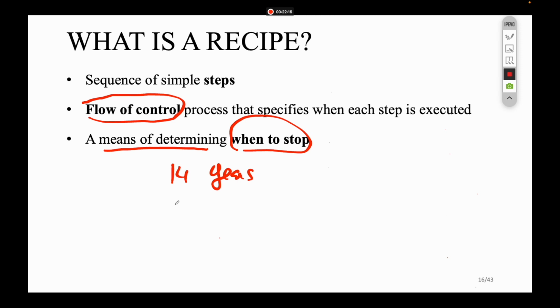For example, you can run your program for 100 years to get the final answer, but your program has to stop in one day. So you need to know exactly when to stop.